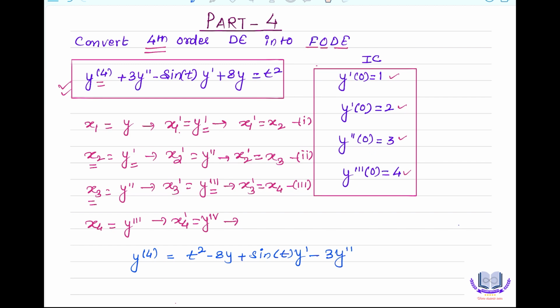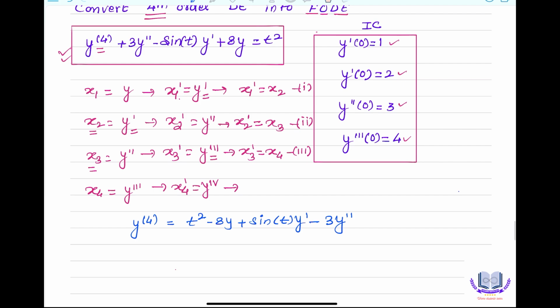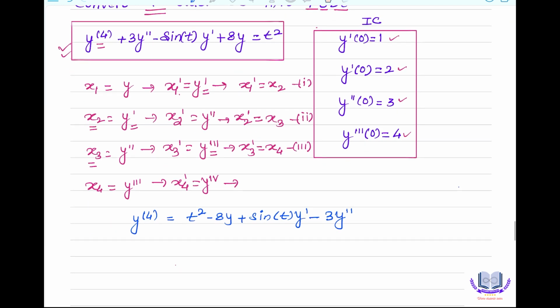Guys, you have to take care of the plus and minus signs, as there is some chance that I may make a plus or minus mistake here. So t square minus 8y plus sin t y dash minus 3y double dash. So this is what we are getting, the converted equation.